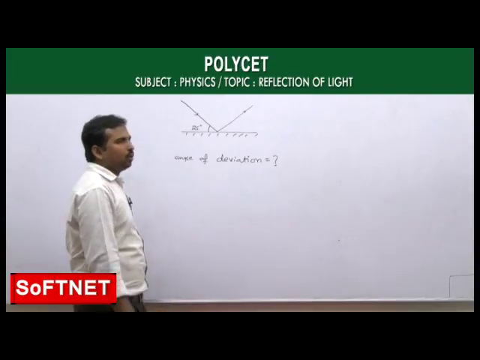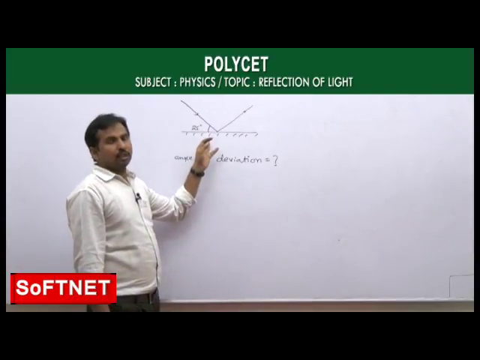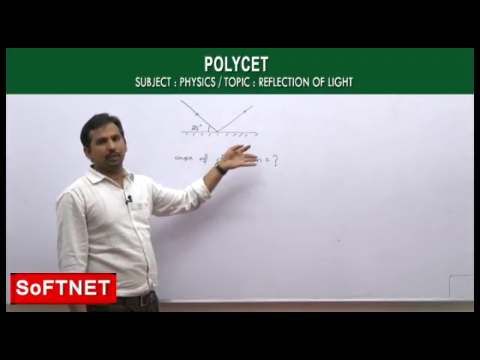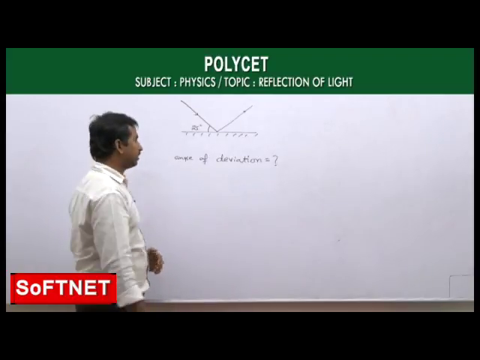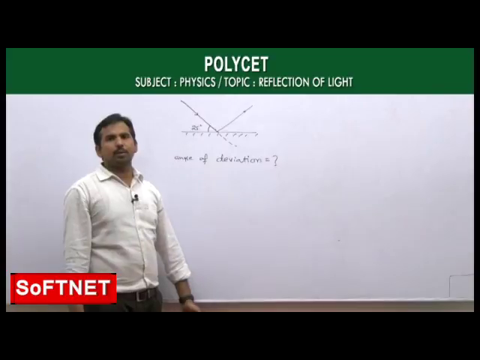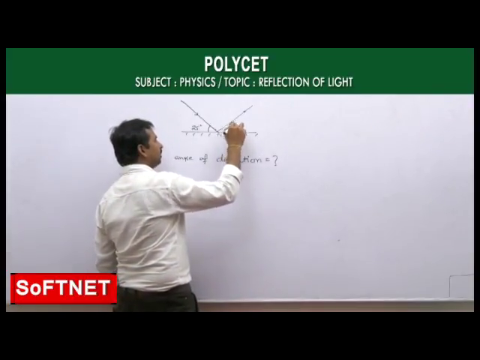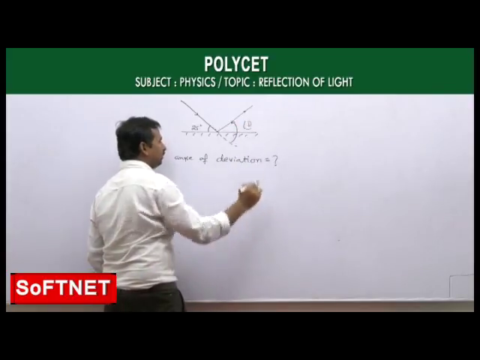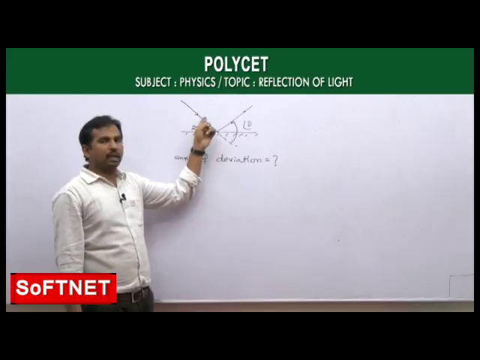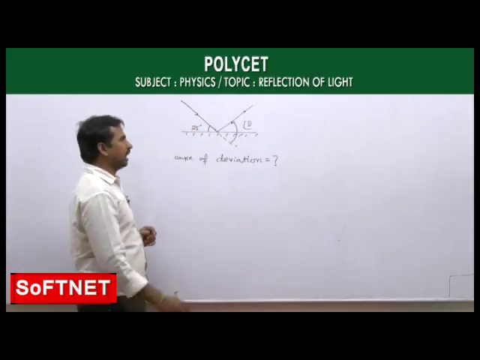Angle of deviation means the angle by which the light ray is deviating from its path. We get that if we extend our incident ray, then how much the light ray deviates gives the angle of deviation. It is given that the light ray is making an angle of 25 degrees with the surface, which is going to be our glancing angle.